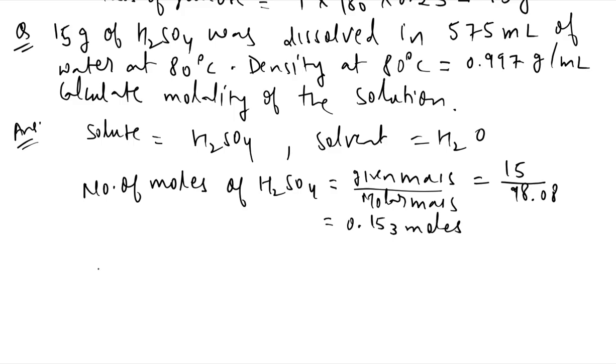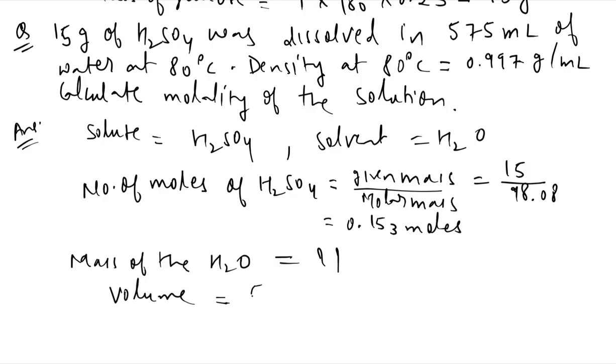Now for the molality, we also need to know the mass of the water at 80 degrees Celsius. What is mass of this? Okay, it is not being provided to us, but volume is being given. Volume is 575 ml and density is 0.997 gram per ml.